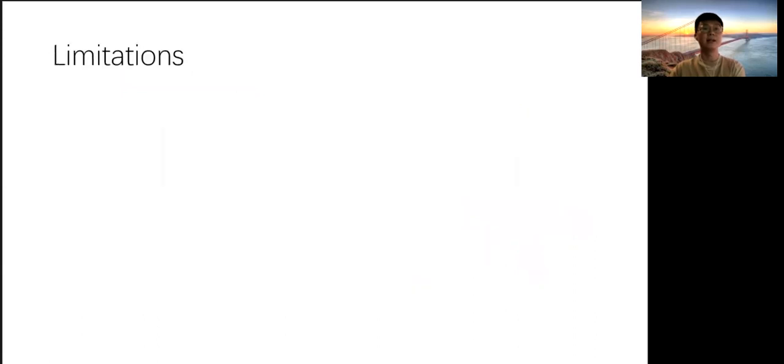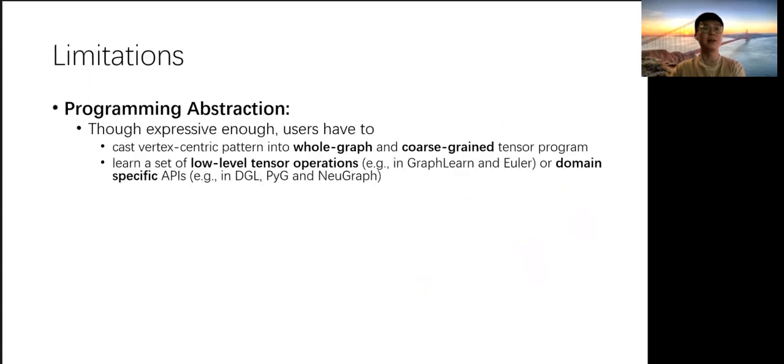We identify the limitations of existing GNN systems as follows. Though their programming abstractions are expressive enough, users need to cast the vertex-centric pattern into a whole graph and coarse-grained tensor program, which may be non-trivial, especially for complex models such as multi-head graph attention neural networks.